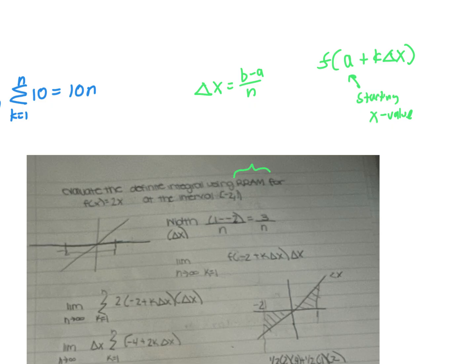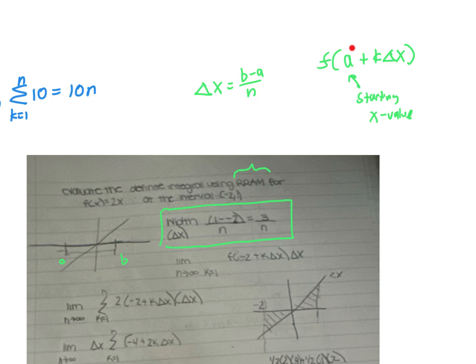Now, the -2 is your so-called A value, and this 1 is your so-called B value. So it makes sense that the delta x is going to be 1 minus -2 all over n. That's what this is saying. And that does indeed become 3 over n. So you're going to need that.